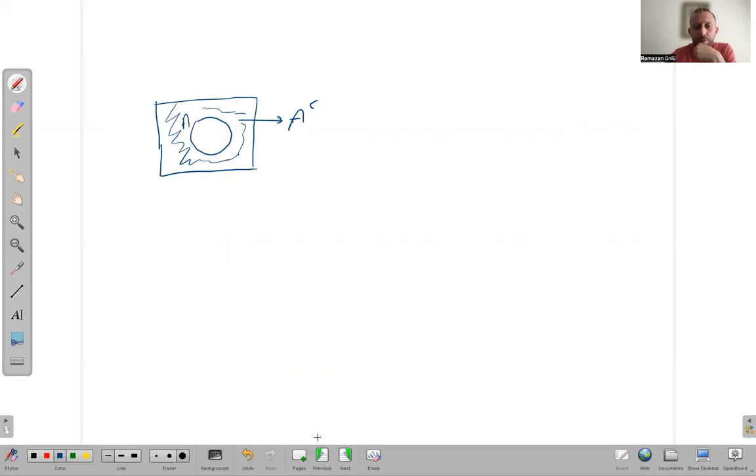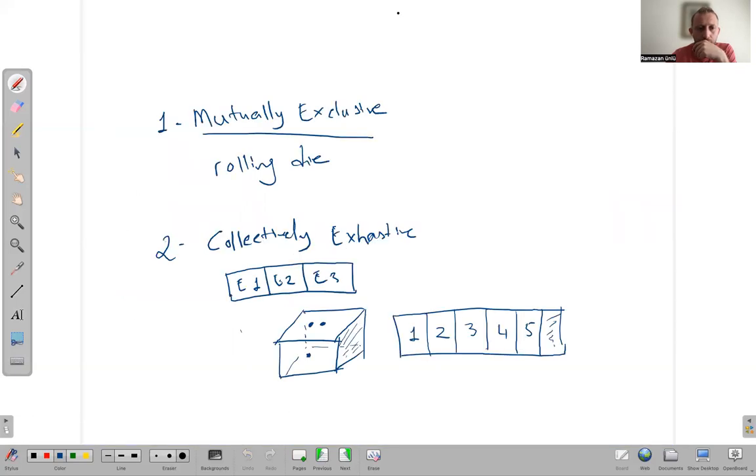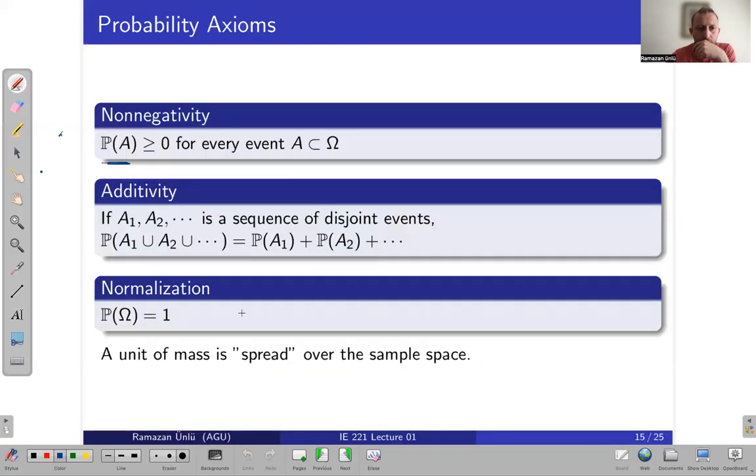And I know from the axioms, the sum of the disjoint events is equal to the union of them, right?